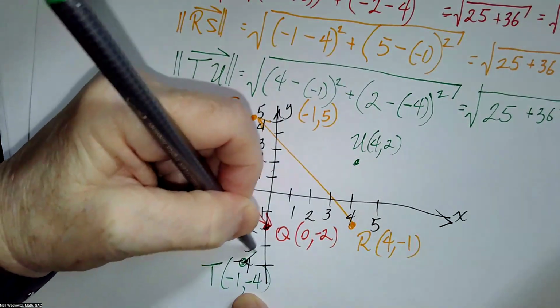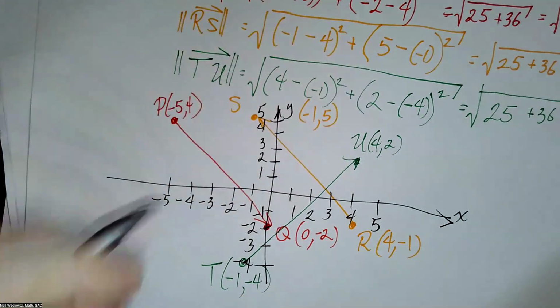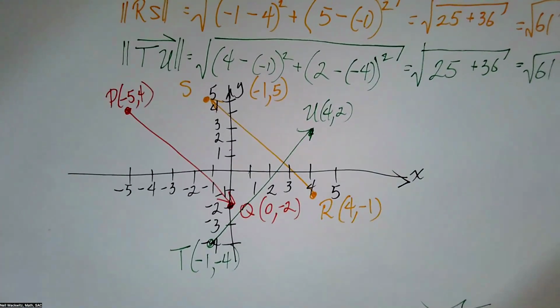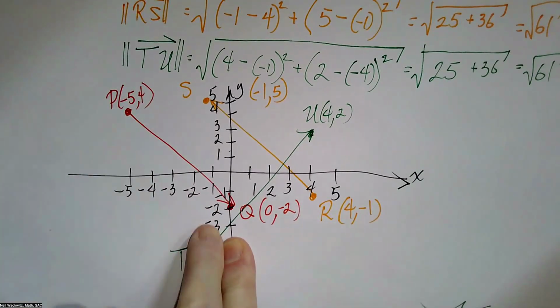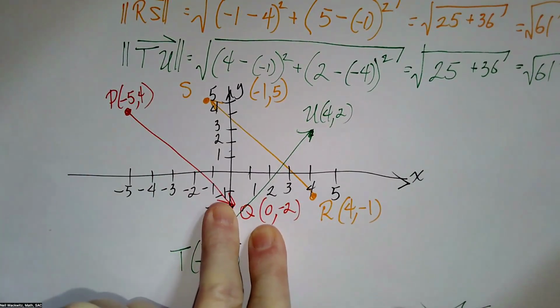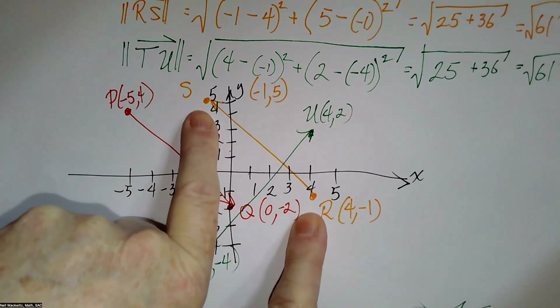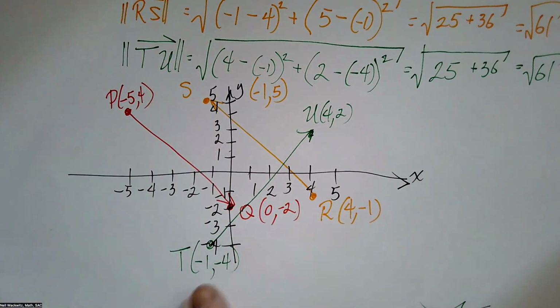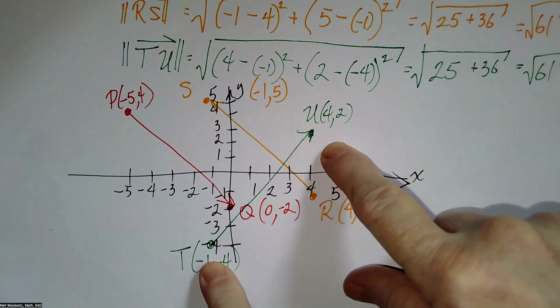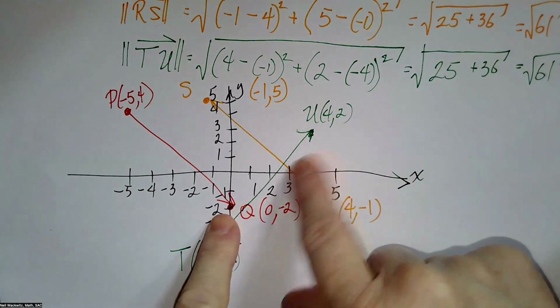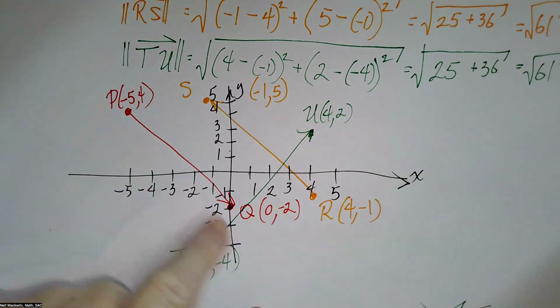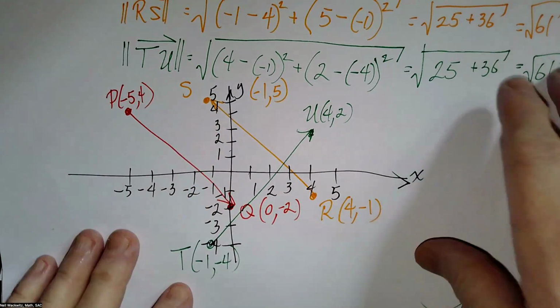And we're going from T to U. And I can see, without doing any math to find the angles, that PQ is opposite in direction to RS, and that it looks like TU is actually at right angles with PQ and with SR.